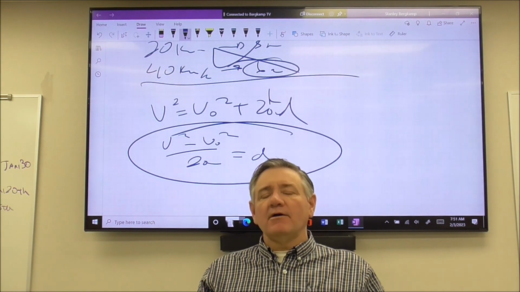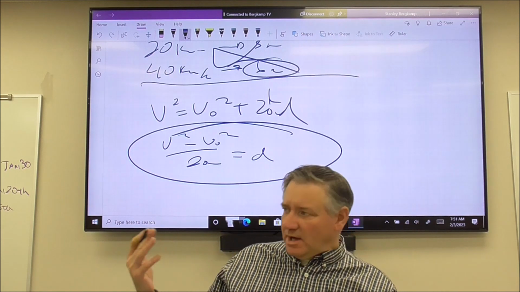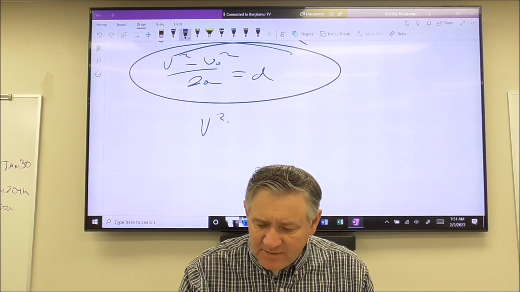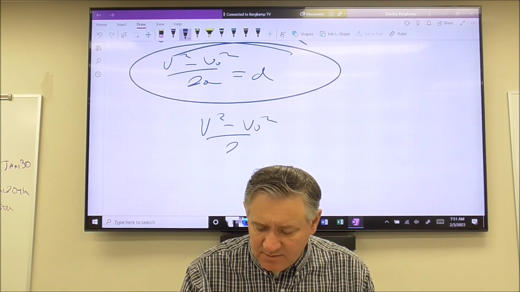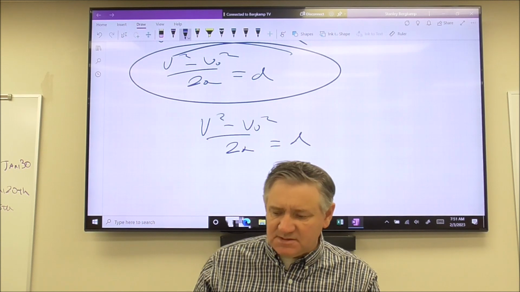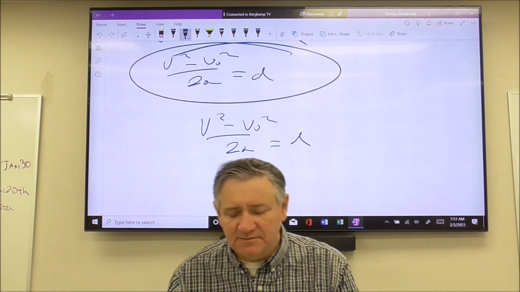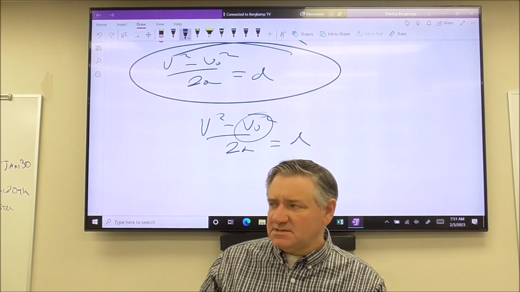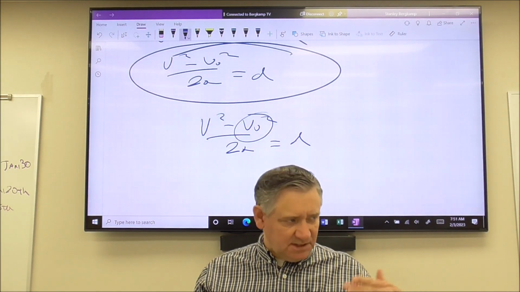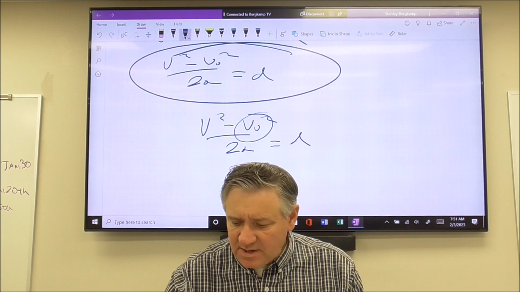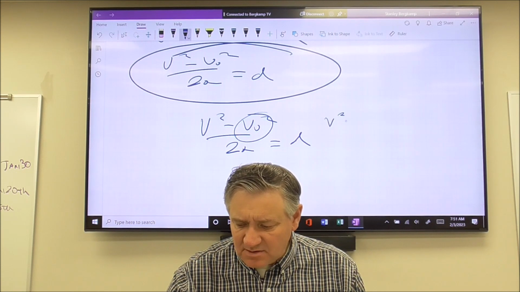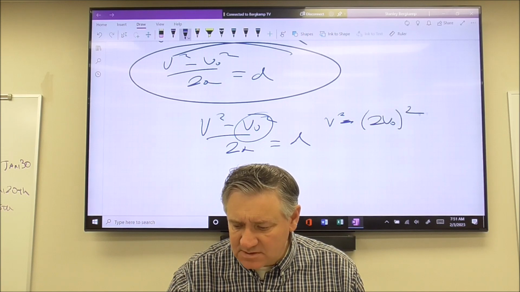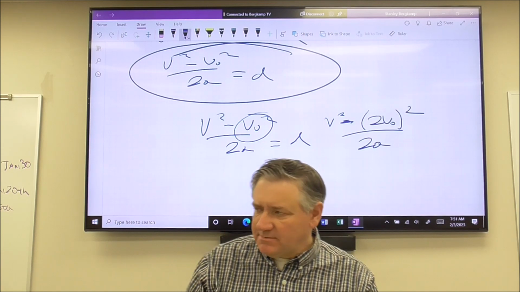Now here's the other way that's a little bit more elegant to do. If you look at v squared minus v naught squared over 2a equals distance, you'll notice on this one that your initial velocity is getting doubled. So if my final velocity is still going to be 0, then I'm going to have 2v naught squared over that same acceleration.